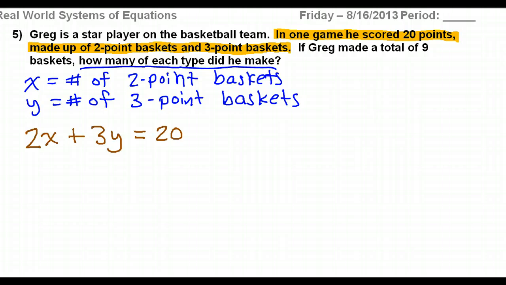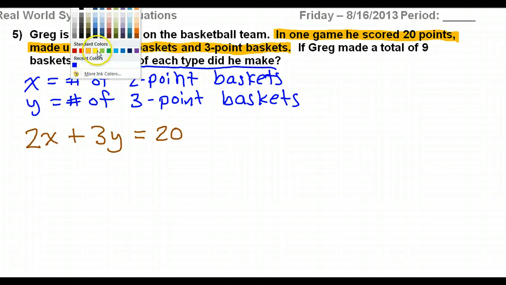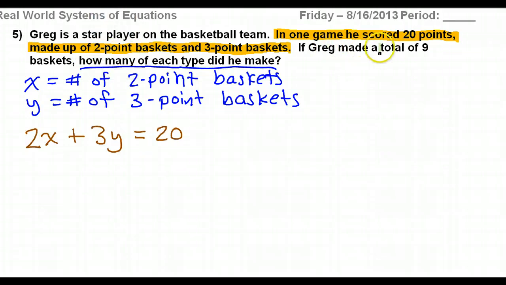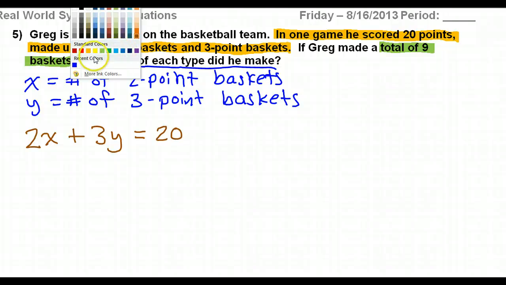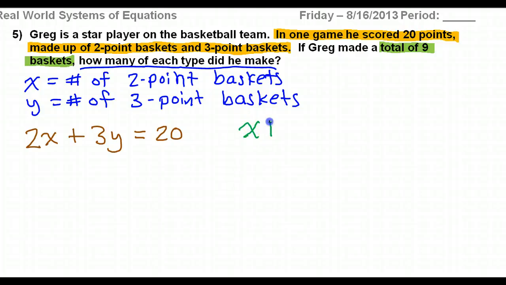Now our second equation is hidden there in the second sentence. He made a total of 9 baskets. So if x is the number of 2-pointers and y is the number of 3-pointers, and altogether he made 9 baskets, then that means x plus y must equal 9.